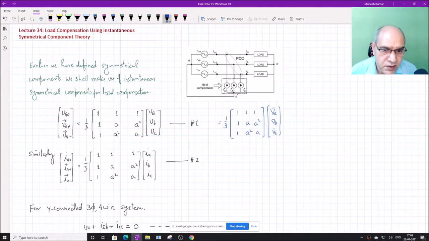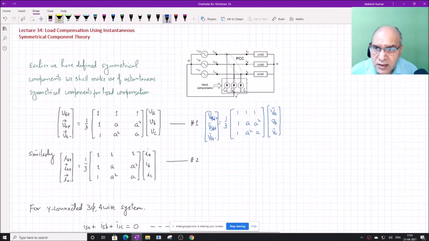This becomes VA0 phasor, VA1 or positive sequence phasor, VA2 negative sequence phasor. So this is true for fundamental frequency, and it is on the basis of phasors.